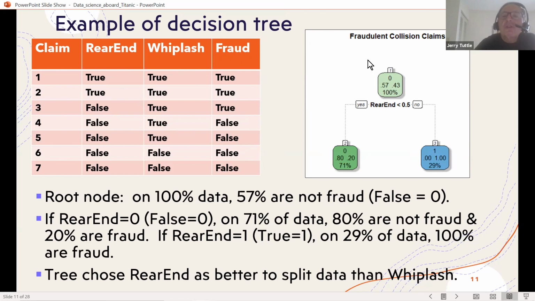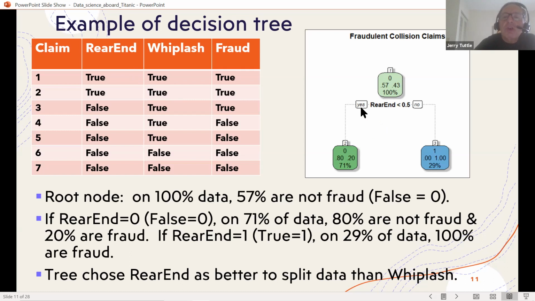And I ran this through the decision tree model. So this starts at the beginning with all the data. And the algorithm decided the best split was splitting with rear end and not whiplash.